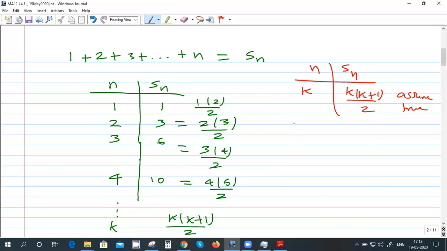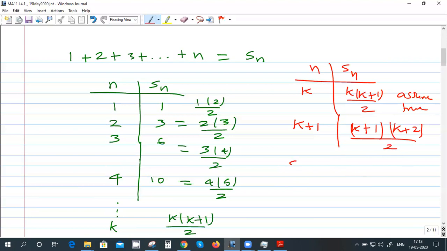From that, prove that for k plus 1, the formula is k plus 1 into k plus 2 by 2.